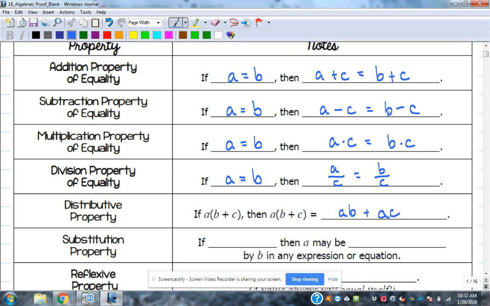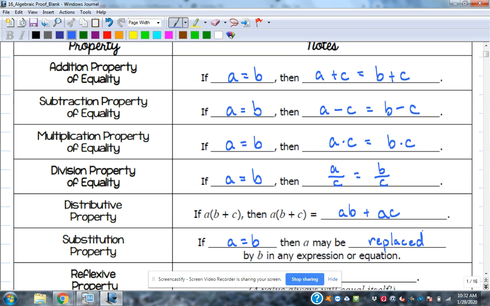And then we get into some of these little lesser known properties that we don't do as much with, or don't say we're doing as much with. The substitution property: if A equals B, then A may be replaced by B in any expression or equation.